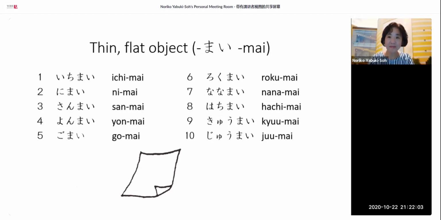The question word, how many plates or how many sheets, will be 何枚. There's a famous classic Japanese ghost story. It's a Halloween season in which a female ghost is counting dishes, counting plates. 1枚, 2枚, 3枚.